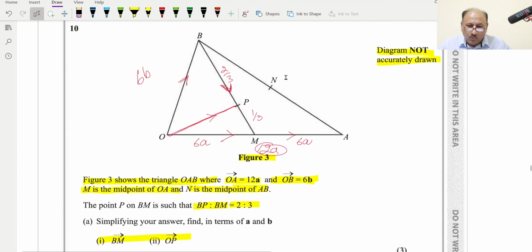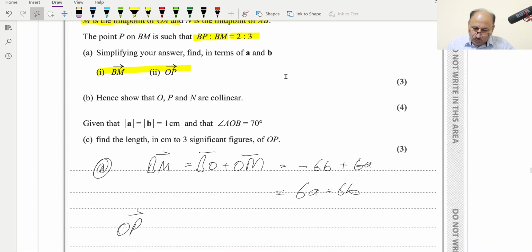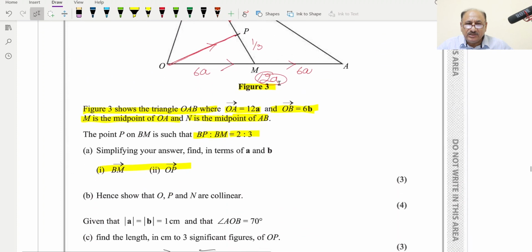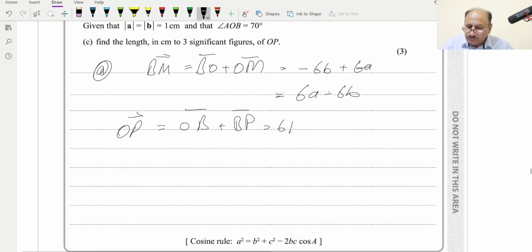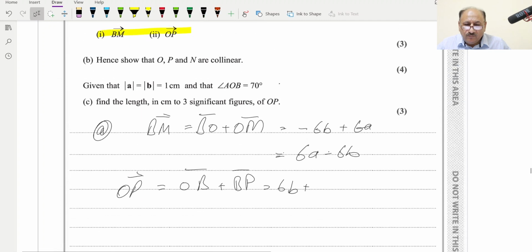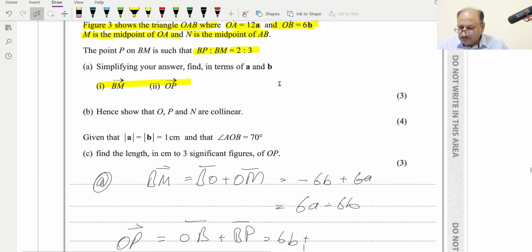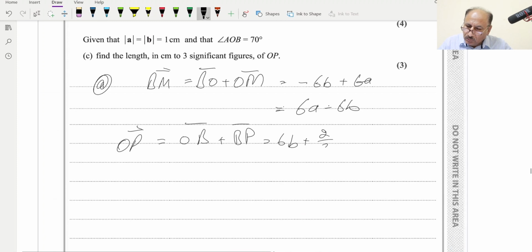I am taking OB plus BP. OB is equal to 6b, so we can write 6b plus 2/3 of BM, which we already calculated as 6a minus 6b. So 2/3 of 6a minus 6b.